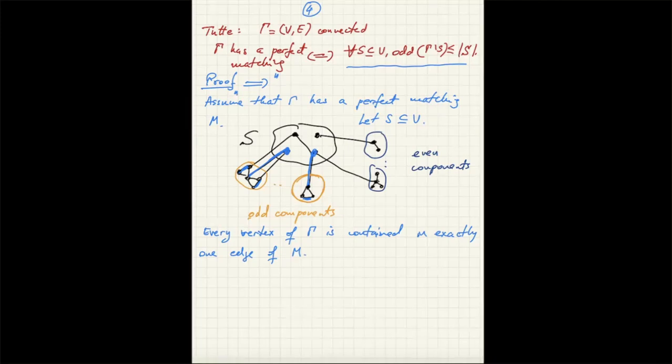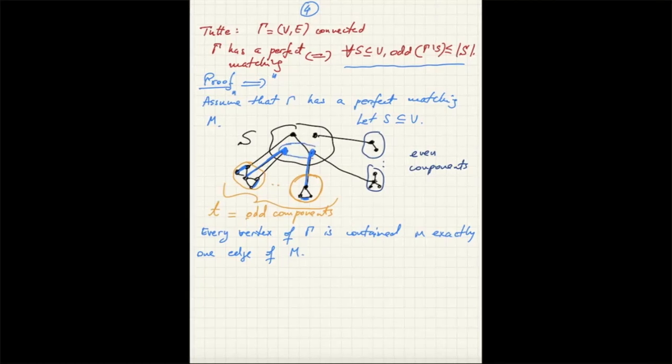So if I had, let's say, T odd components, then I'm guaranteed that inside S, I will find T endpoints of these edges. S could contain potentially more vertices. So what we end up with is that the cardinality of S is greater or equal than T, which equals the number of odd components in gamma minus S.